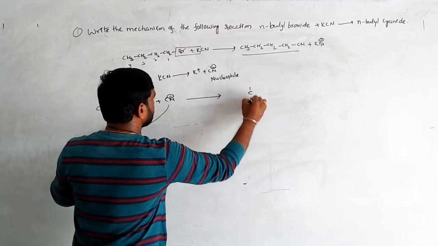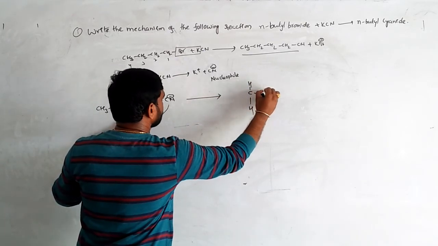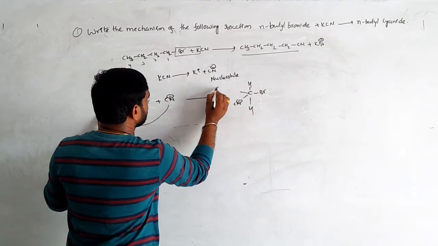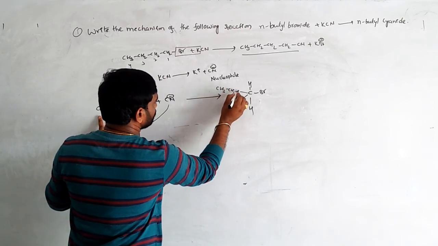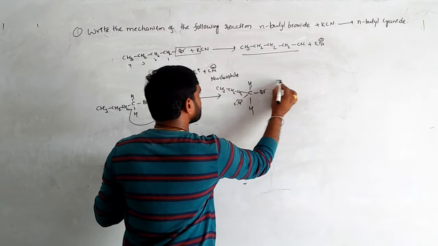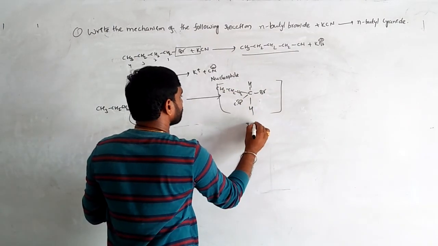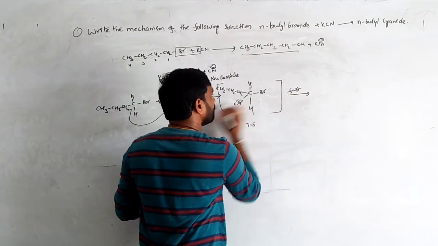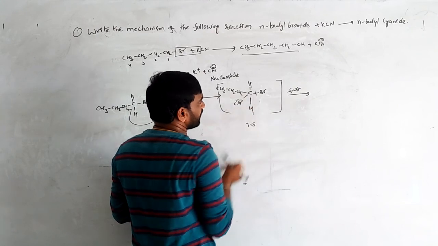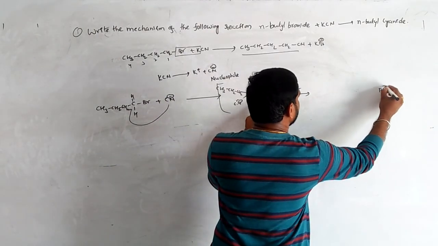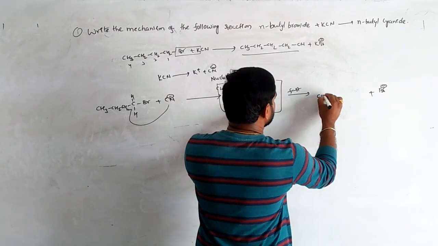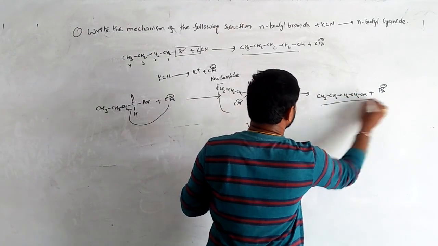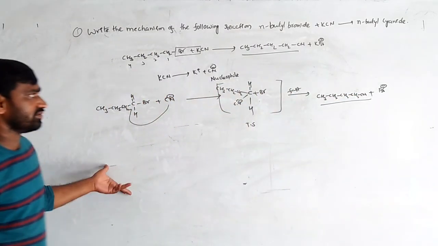The carbon with hydrogen and Br is attacked by CN minus on the backside, with the remaining CH3CH2CH2. Which state is this? Transition state. And the next step is the fast step. The bond between carbon and Br breaks, Br minus leaves, to form CH3CH2CH2CH2CN. This is the final product, N-butyl cyanide.